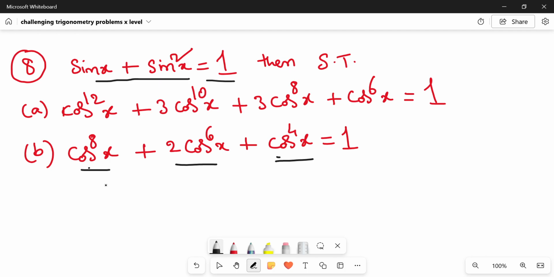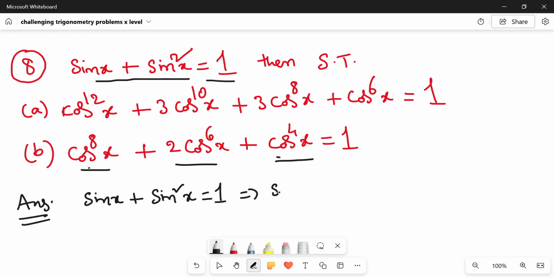I will take part B of the question initially to solve, so that it is a little bit easier, so that you will understand. Here, consider the situation that sin x plus sin square x is 1. So sin x is equal to 1 minus sin square x.